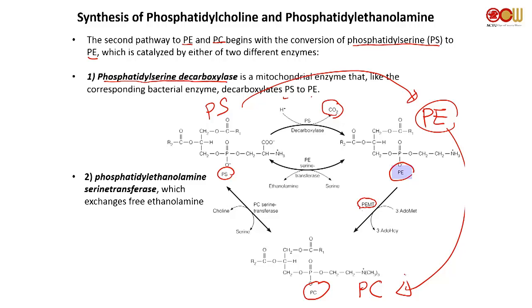Okay, for example, this PE can change back to PS. Look carefully, below you use serine, and then use a transferase to swap serine with the ethanolamine here. So that you spit out ethanolamine, okay? But then you need to have serine coming from somewhere, okay? So this is not de novo, we're not synthesizing it from scratch. Here we are, okay? Here you have PS, and then you decarboxylate, it becomes PE, and then here you build. In this direction, PS, PE, PC, you're building, okay? Converting one molecule to another.